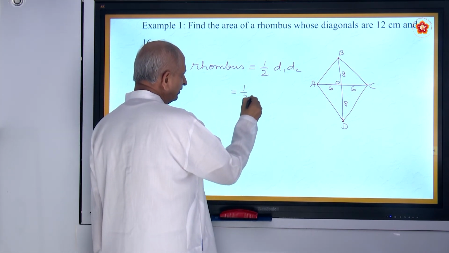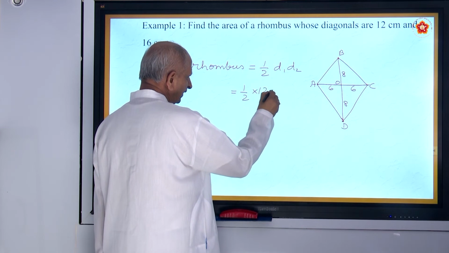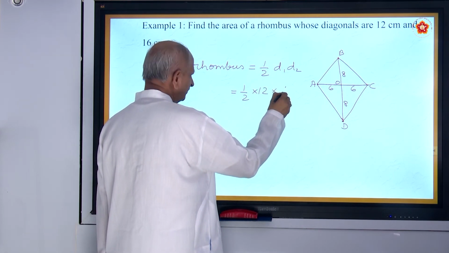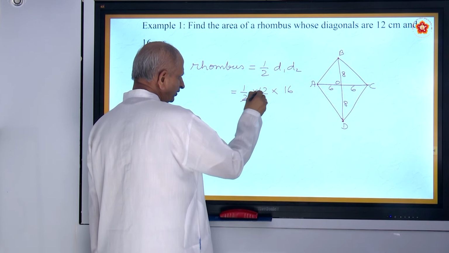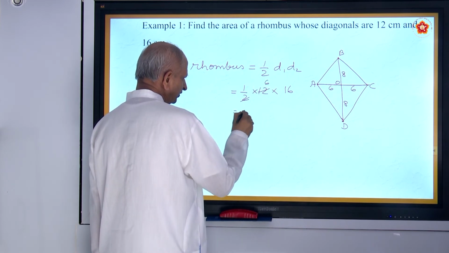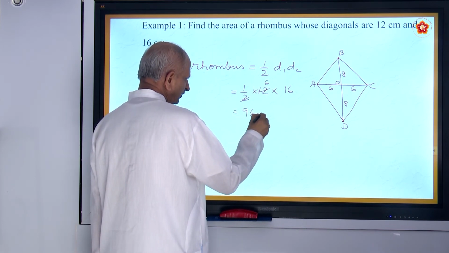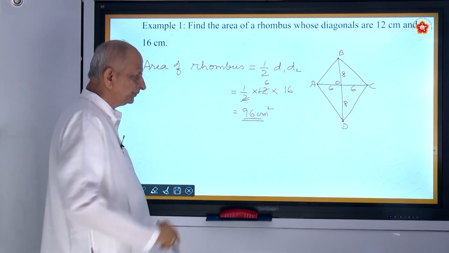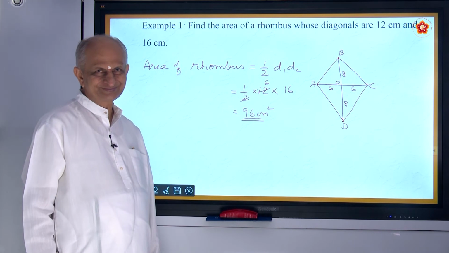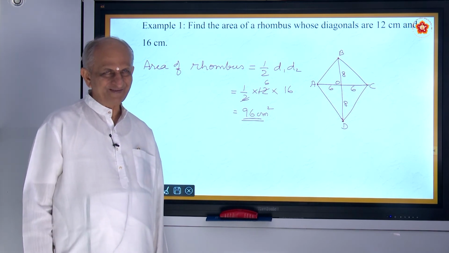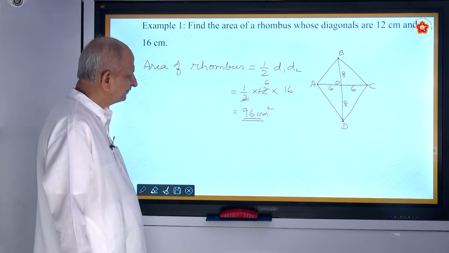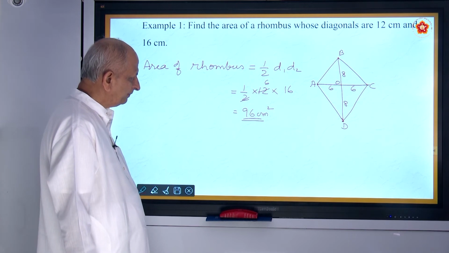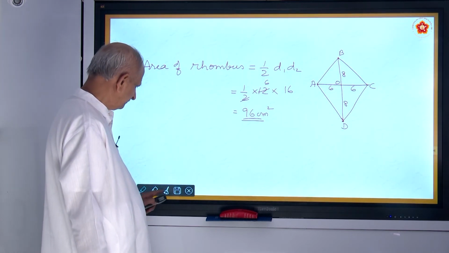One diagonal is given to be 12, another given to be 16. Half of 12 into 16 is 96 square centimeters. That is the answer. So simple, na? You can write it. Okay. Now let us see one more problem, a little standard problem.